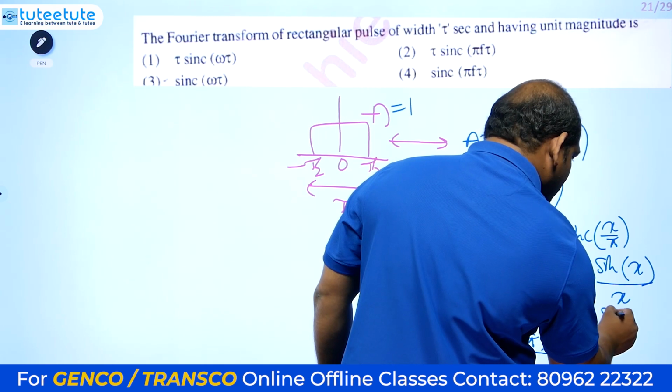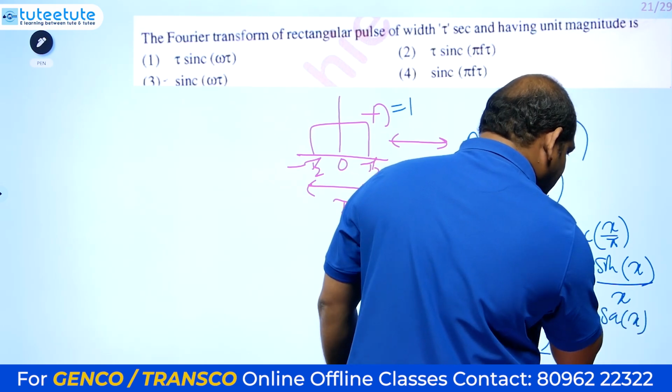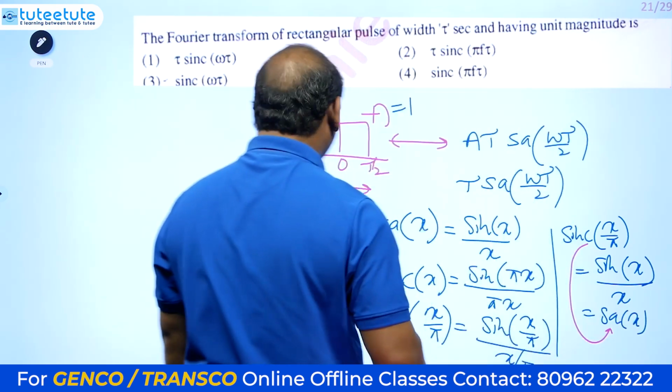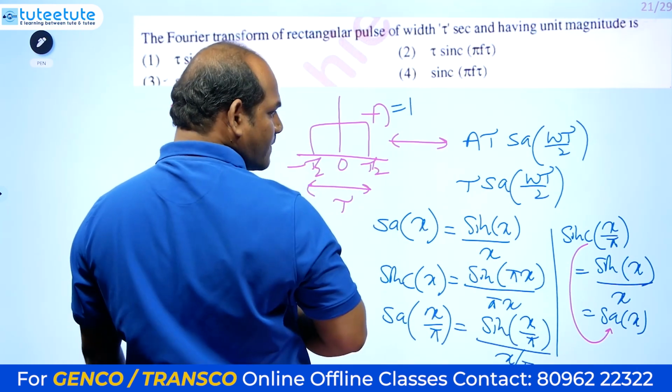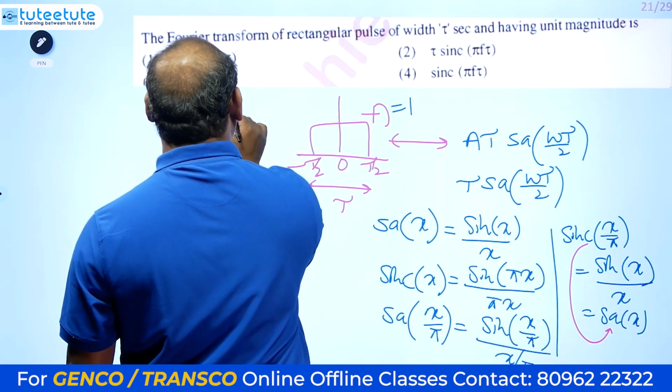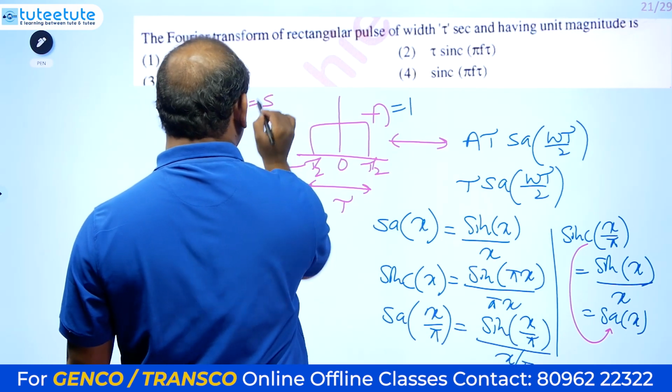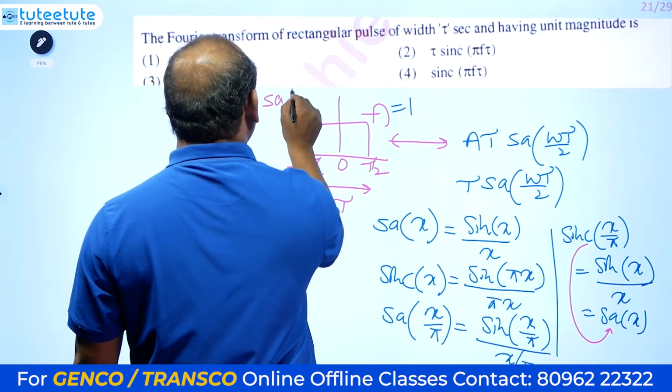Hence sinc of x by pi is equal to sampling of x.